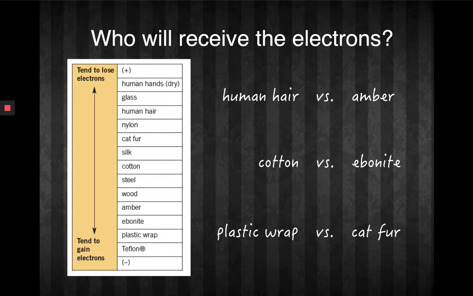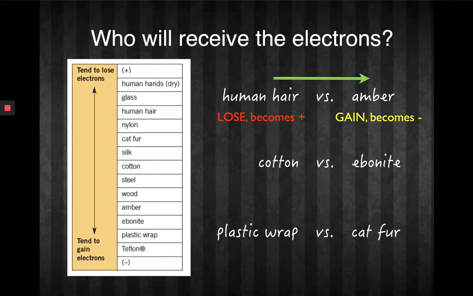So third from the top is our human hair. Our amber then is towards the bottom. So what is going to happen is that our human hair is going to lose electrons because it tends to readily lose electrons, and our amber then is going to gain our electrons. And so the electron flow will go from the human hair into the amber. So our human hair becomes positive and our amber becomes negative.